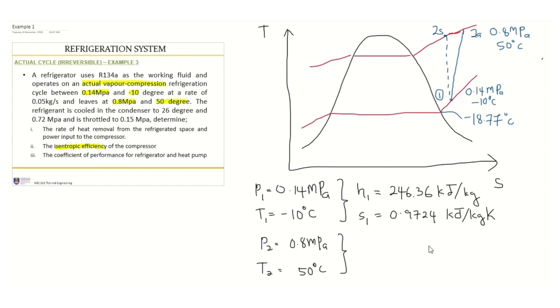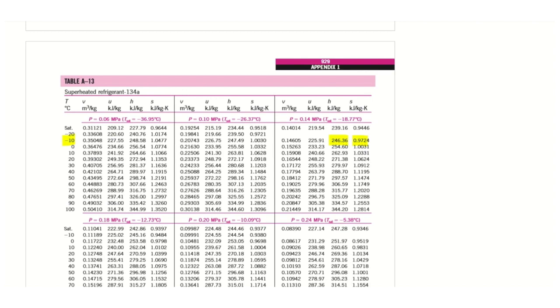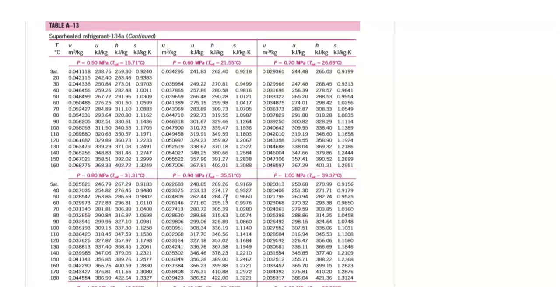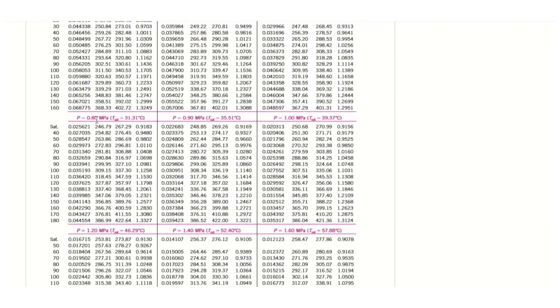Okay, now we want to find H2. So H2 is at 0.8 megapascal, and temperature is 50 degrees, 286.69.